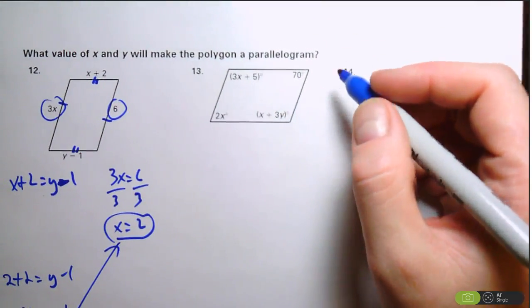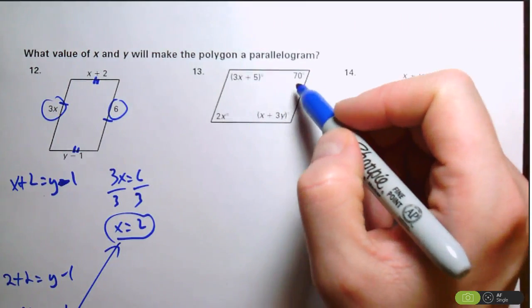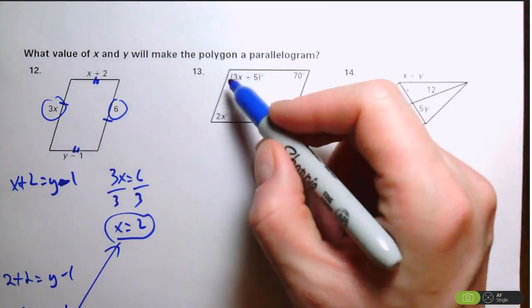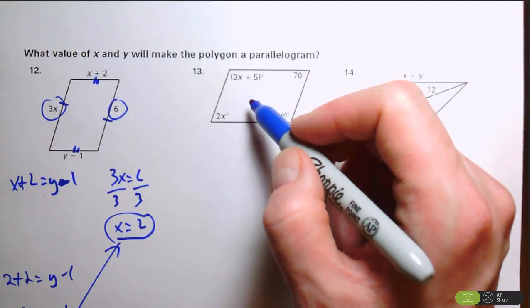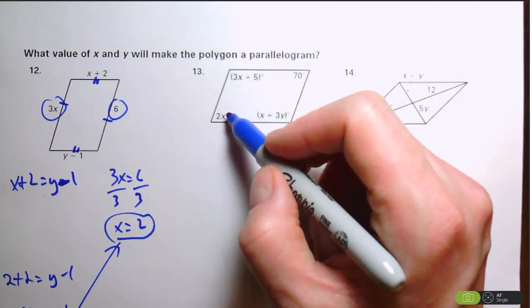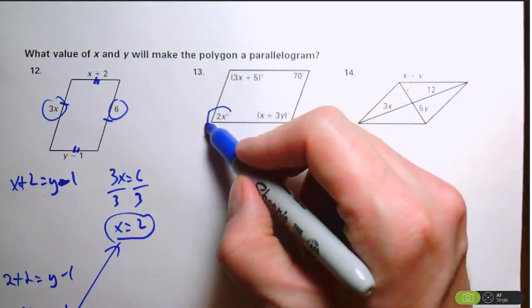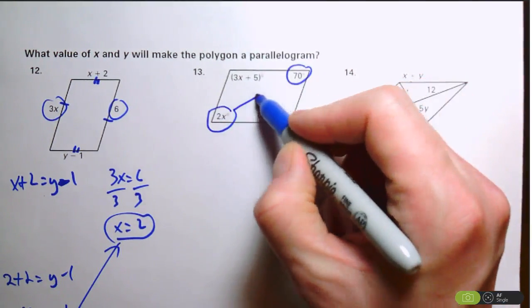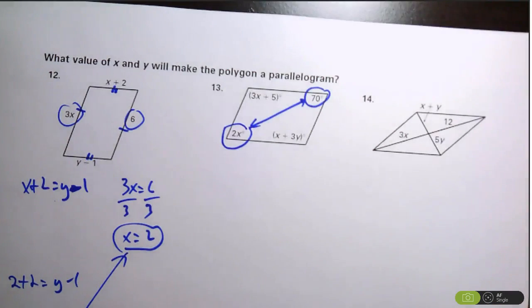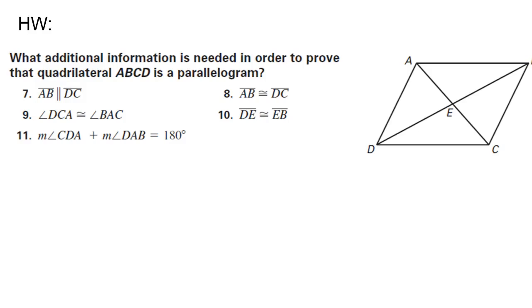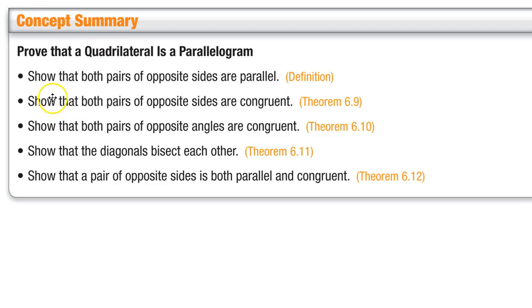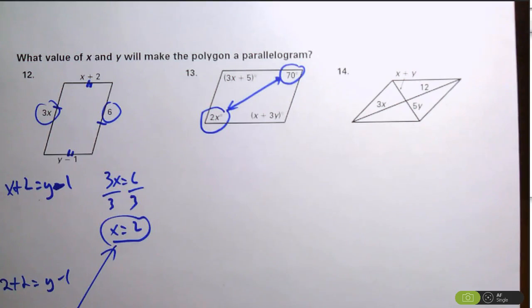Number 13. Find a value for x and y that would make this a parallelogram. Again, I have to use x in the equation first, and there are two ways I could go about this. The way they're implying to make it easiest for you is that on a parallelogram, if we go back to our theorems, both pairs of opposite angles are congruent.